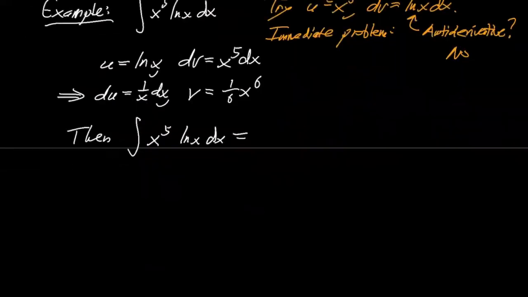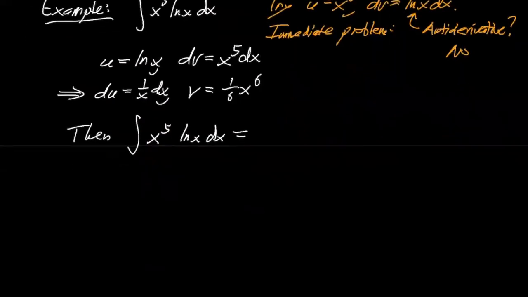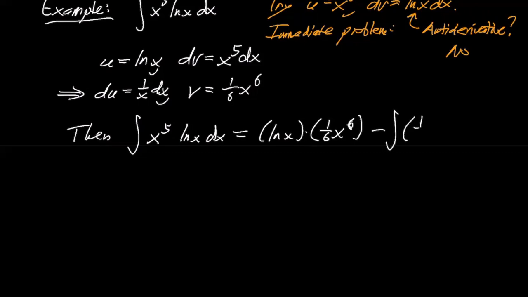So, that's u times v, which I'll just write the way the formula says. Ln of x times 1/6 x to the sixth minus the integral of v du. V is 1/6 x to the sixth, and du is 1 over x dx.